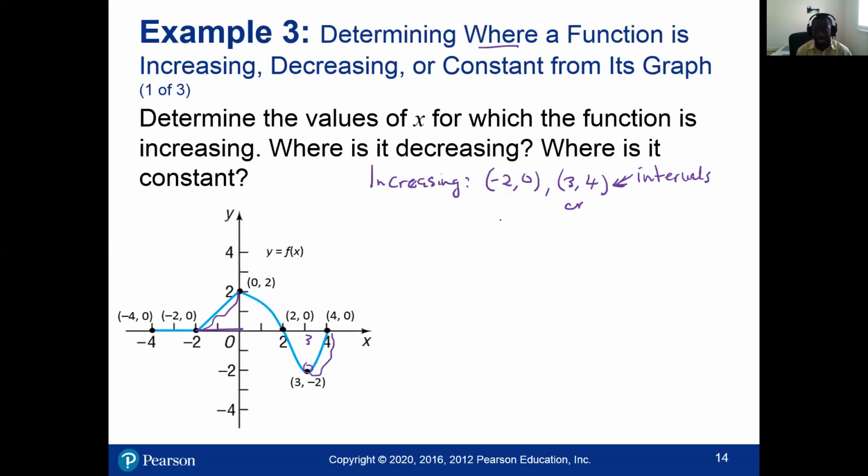But since the book allows brackets, in case you plug in the other, you won't be penalized on the exams. I recommend parentheses instead of brackets. If you write it this way, MyMathLab will accept it, comma, and then from 3 to 4. All right, now let's talk about decreasing.